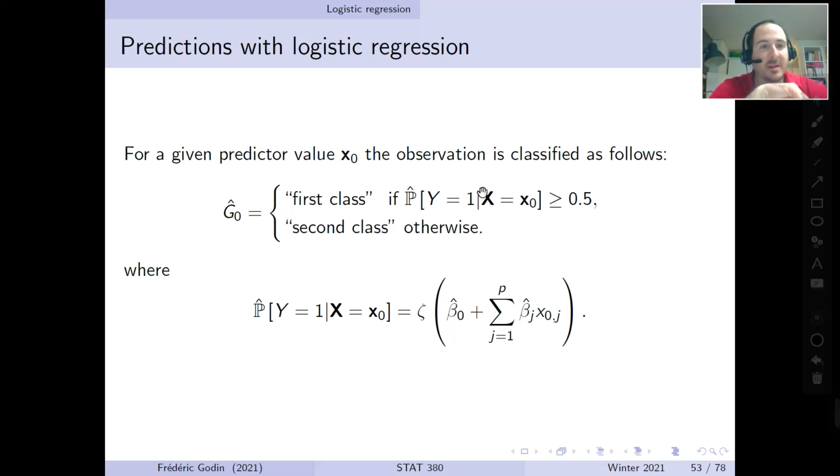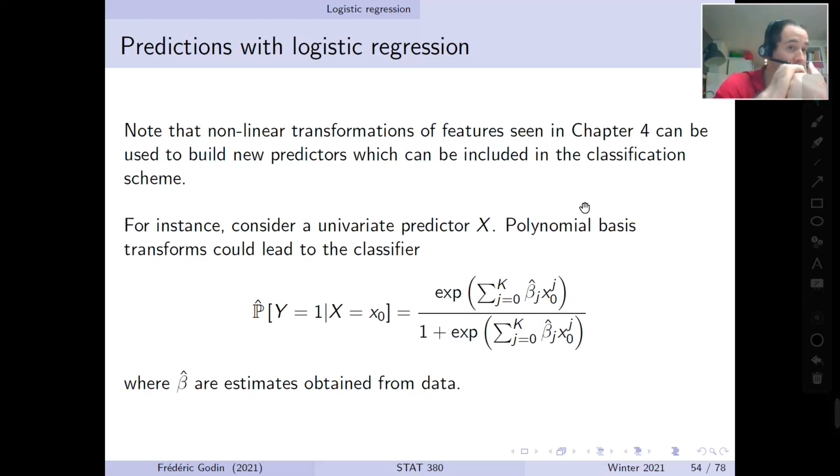Conversely, if that probability is smaller than 0.5, we classify it as second class, by which I mean y is equal to 0. This is how we classify new observations within a logistic regression. We take the betas, plug them into this expression, which is the inverse link function applied to the linear combination of predictors, where we use the predictors of the new observation, and this is how we get this.